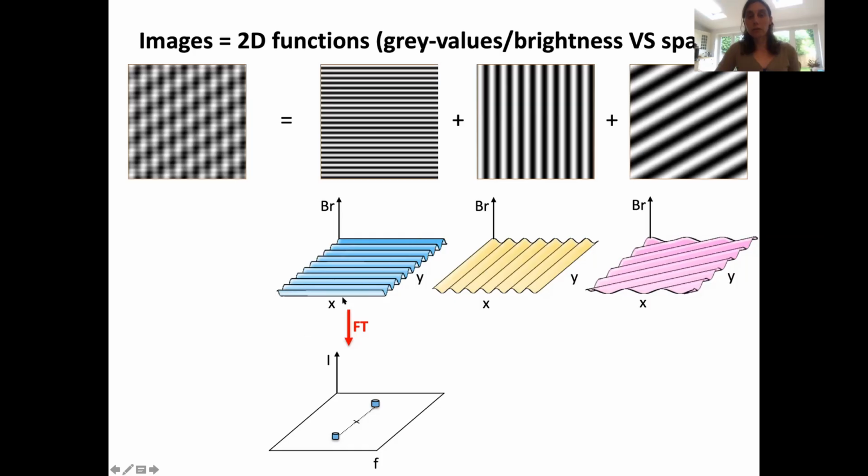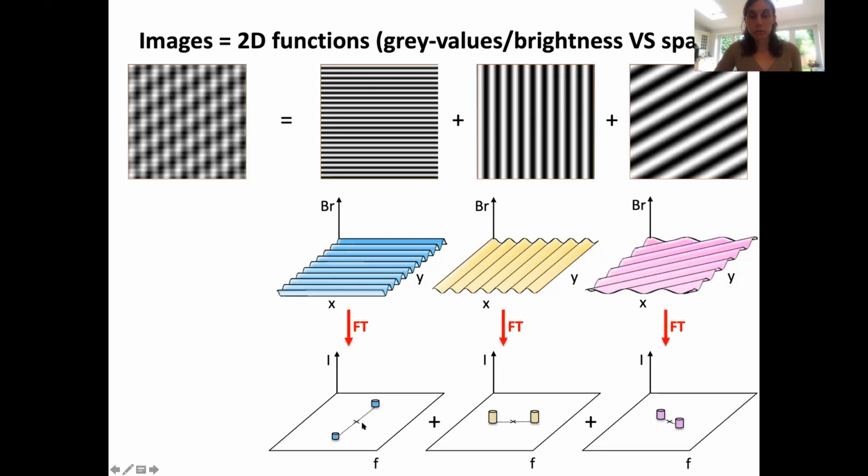In the case of this blue one here, the peaks are going to be along the direction of the oscillations from the center. They're going to be at a certain distance from the center, which depends on the frequency. The closer they are to the center, the lower the frequency. And they're going to have a certain intensity which corresponds to the amplitude of the sine function.